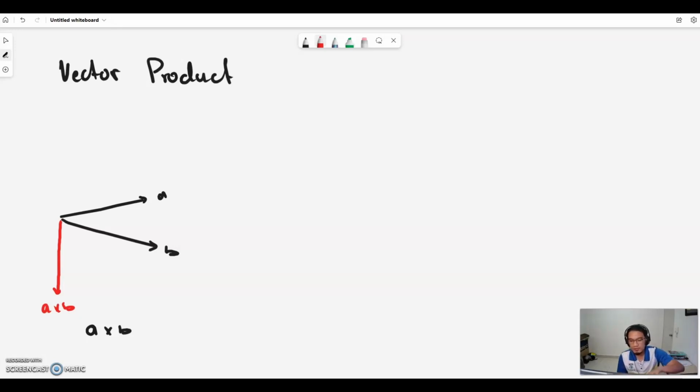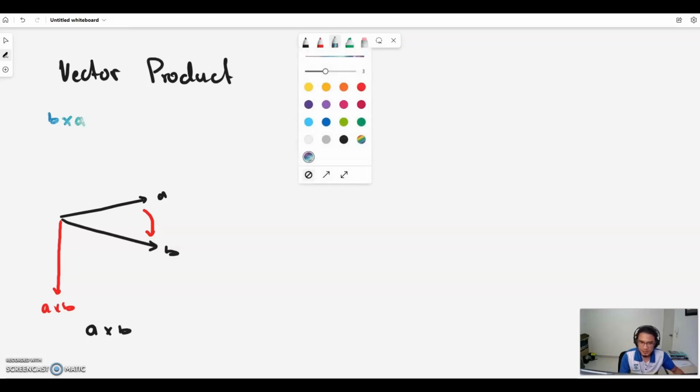You can put your thumb on the diagram and follow A going to B. You grip your hand from A to vector B, and your thumb will point in the direction of A cross B. And if you do B cross A, then you will have a vector in this direction. This is for B cross A.